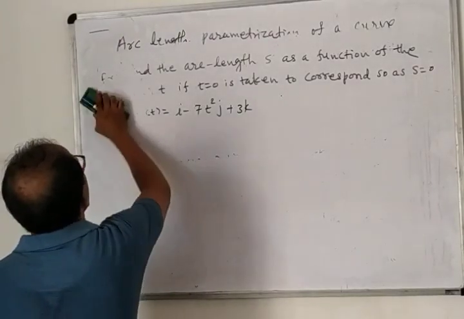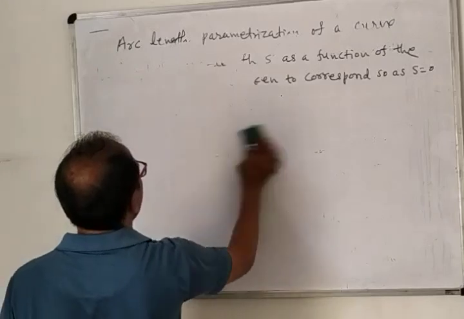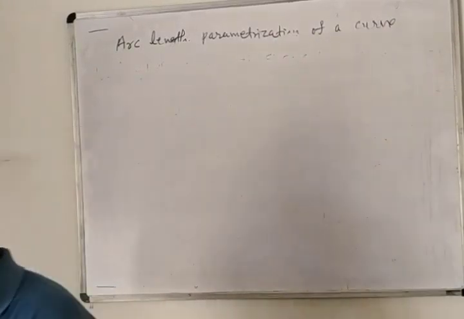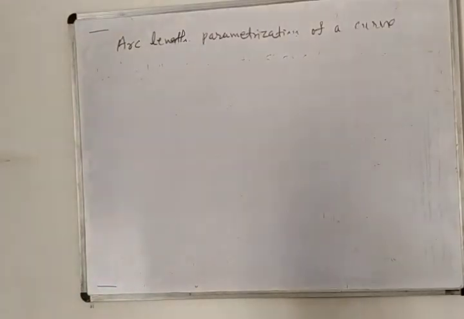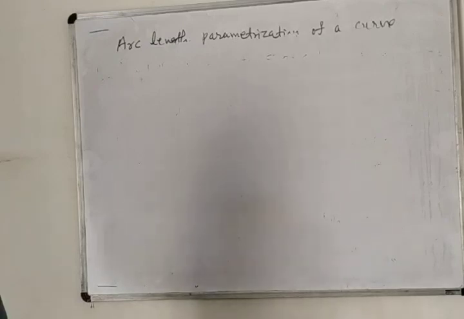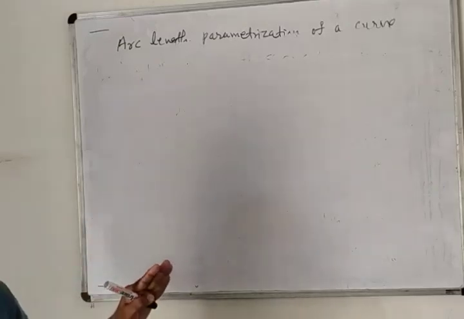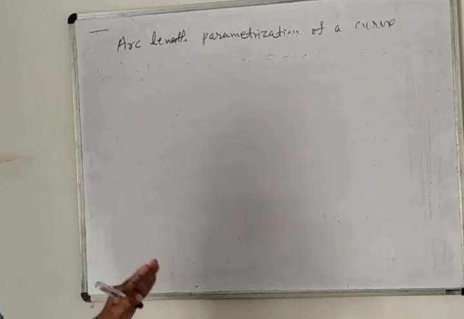Now let us see one example. Actually, this example is not directly related with vector calculus, but once in the examination this example was asked, and it is very simple because the same thing is involved here to find out the arc length, but not in the form of vector.